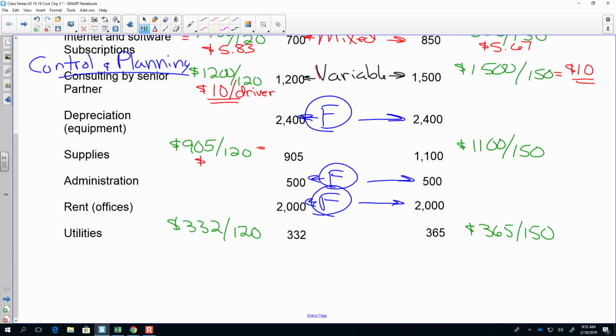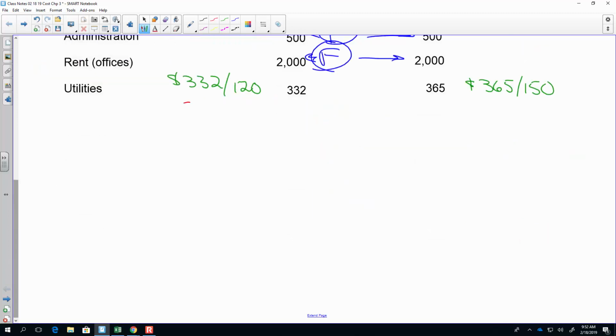And the other one, Diane? 7.33. Not the same, so what must it be? Mixed, right? Good. And then finally, the last one, 2.77 and 2.43. Not the same, so that one too is mixed.